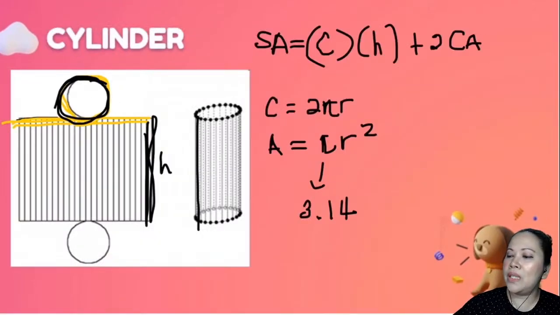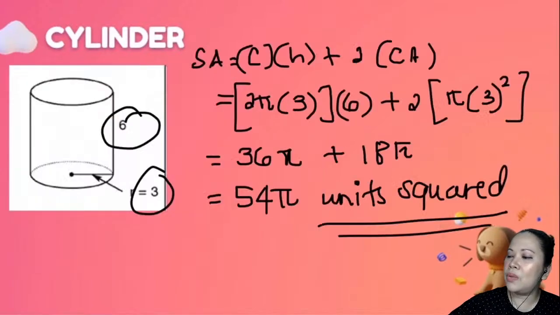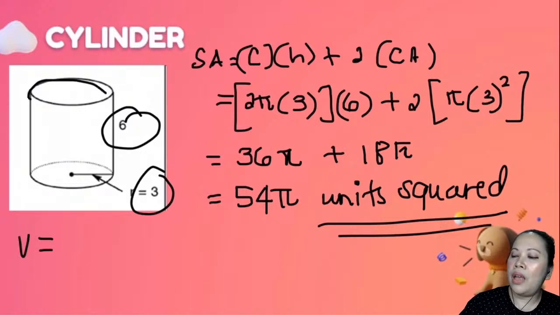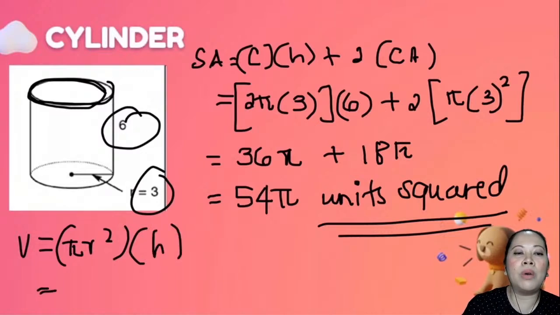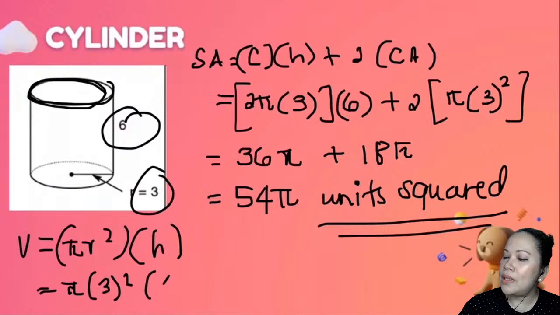The same thing with our cylinder. To find the volume of our cylinder, the volume will be the area of this circle, which is pi r squared, and then multiply it with the height. So that's how you solve for the volume of your cylinder. So pi r squared, so pi times 3 squared times 6, which is the height. So 3 squared times the height, which is 6, that is 54 pi.